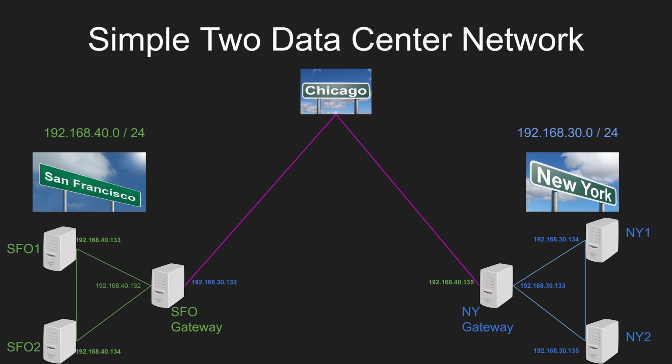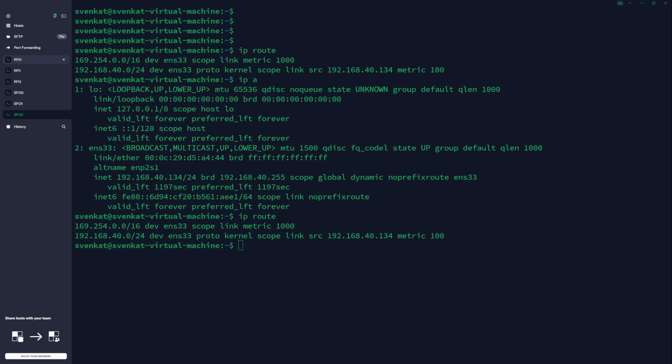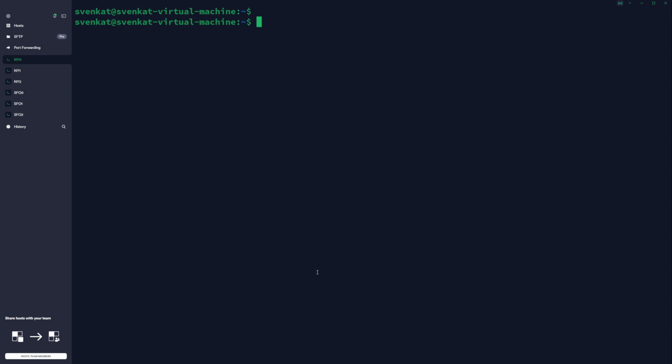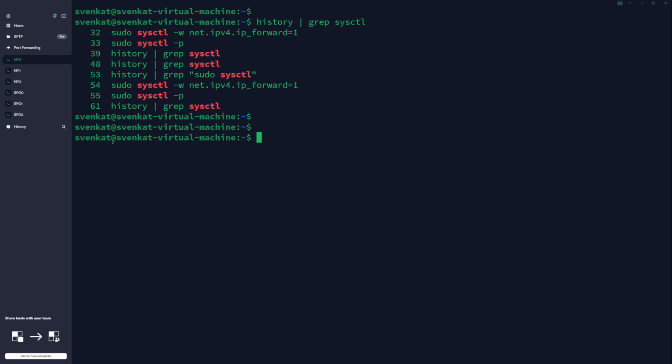Let's go to the New York gateway, and I'm going to use the history command. This is the command that you should run to enable IP forwarding on this gateway computer: sudo sysctl -w net.ipv4.ip_forward=1, and then you are supposed to load the changes using sudo sysctl -p.